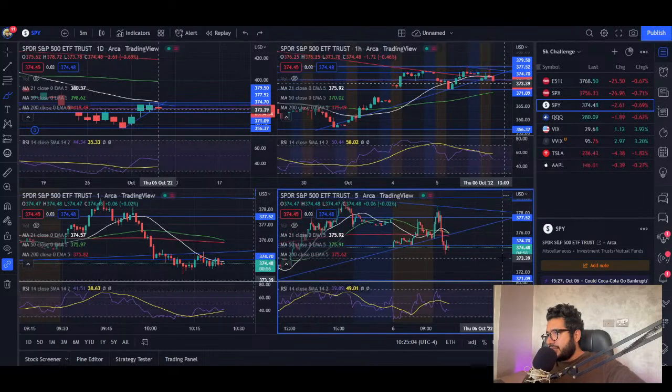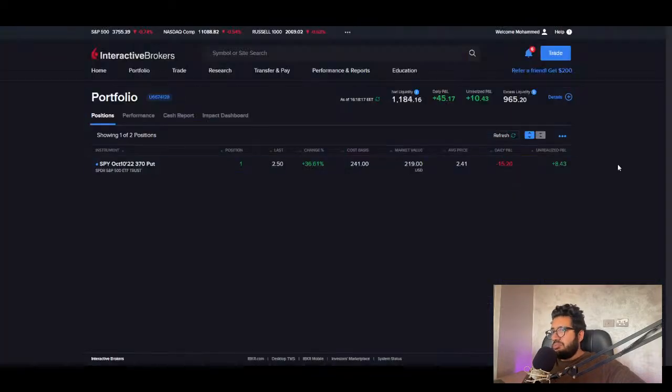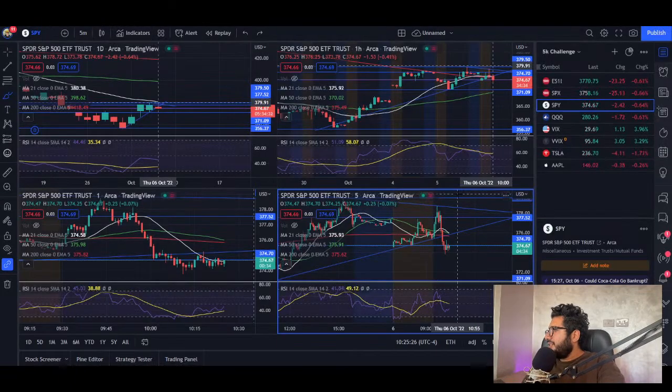Still sideways. Still bear flag forming. And see, because we don't have 0-day options, our premiums are not getting eaten, right? So all is good. We're only down $10 so far, so no biggie. Nothing that truly hurts.